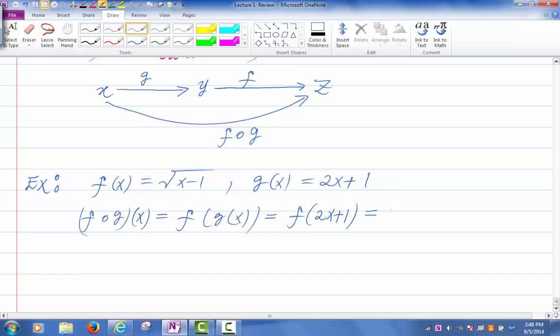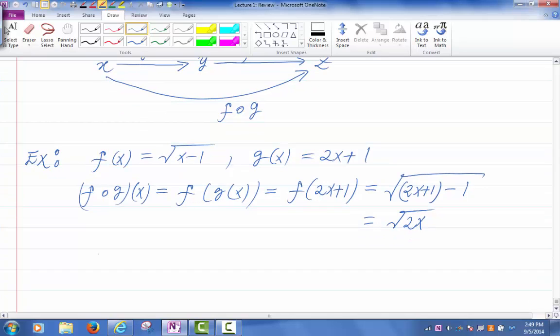And then we look at the function f. And what do we do in the function f? We replace x by 2x plus 1. So we get this, and that's basically root of 2x.